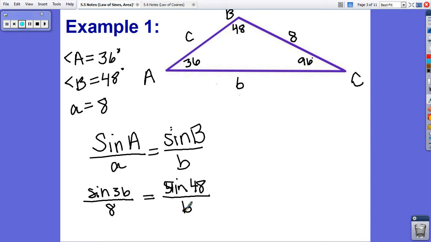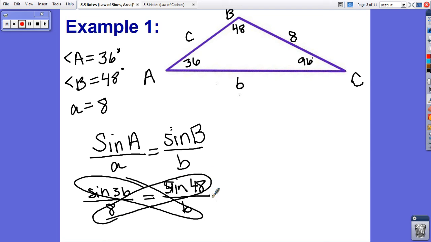And just like you would solve a proportion normally, you're going to cross multiply. I call it butterfly. Cross multiply like this. So I'm going to have the sine of 48 times 8 equals the sine of 36 times lowercase b.